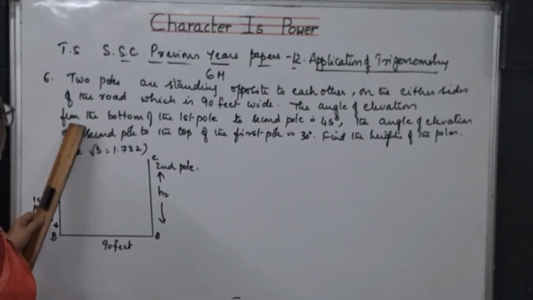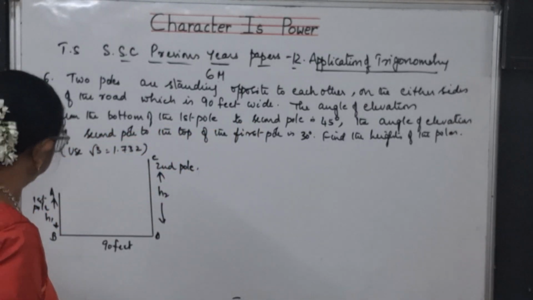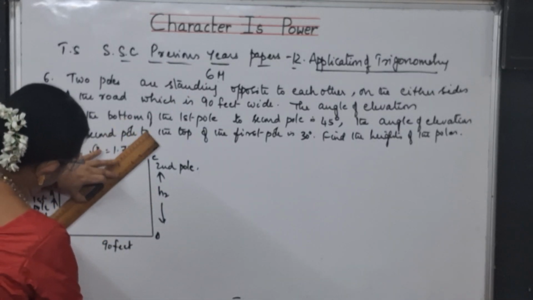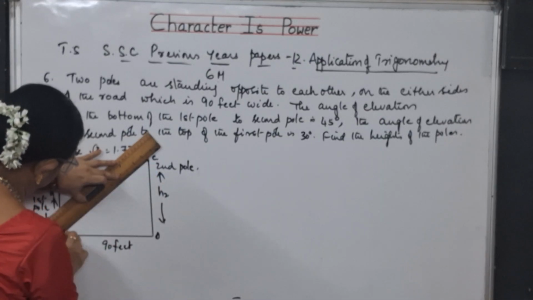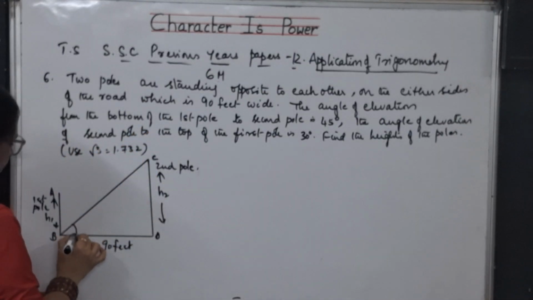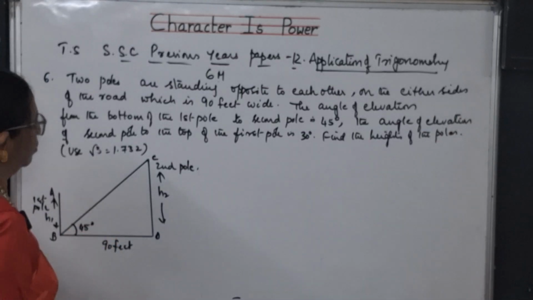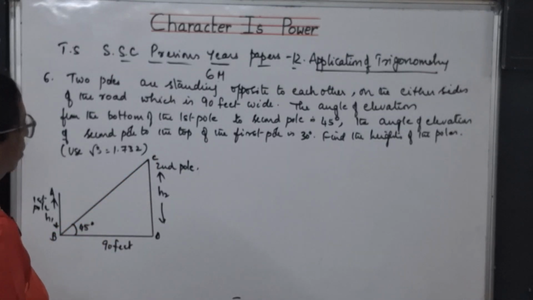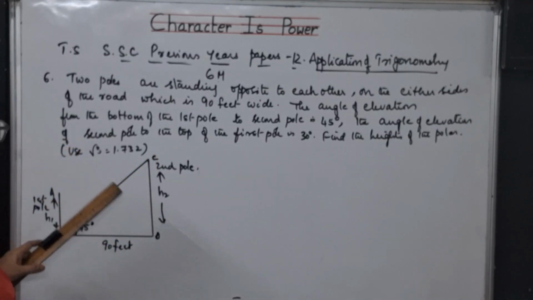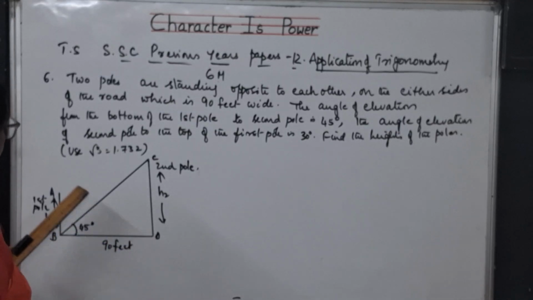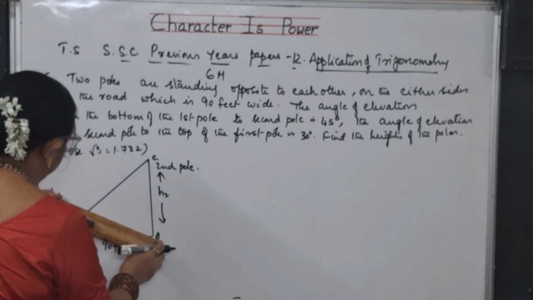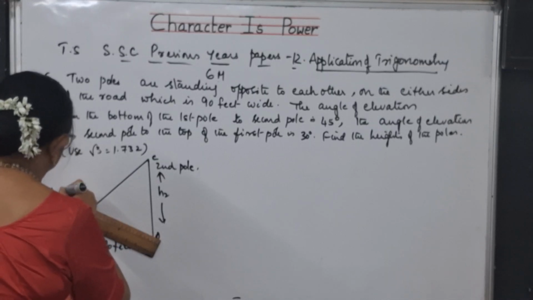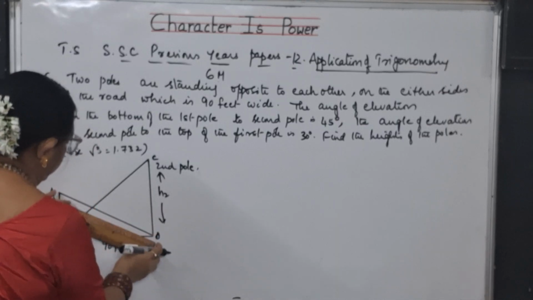The angle of elevation from the bottom of the first pole to the second pole is 45 degrees, and the angle of elevation from the bottom of the second pole to the top of the first pole is 30 degrees.